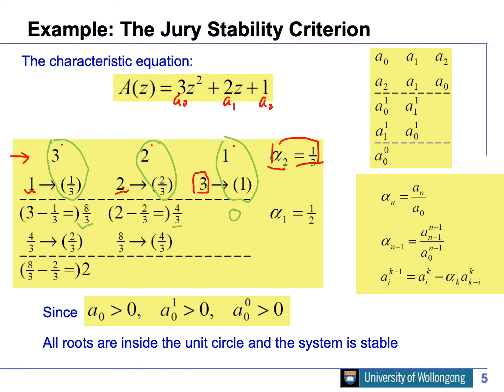So these two numbers are the new values for the third row here. The fourth row comes from the reverse order of these two numbers. So this 8/3 goes over here, 4/3 goes over there. So we just reverse the whole order. If it's longer, you just reverse the order.